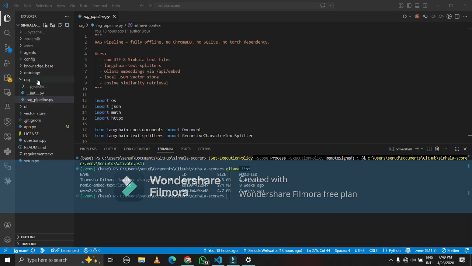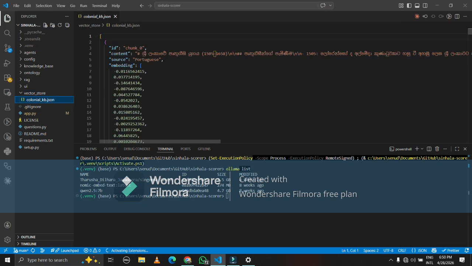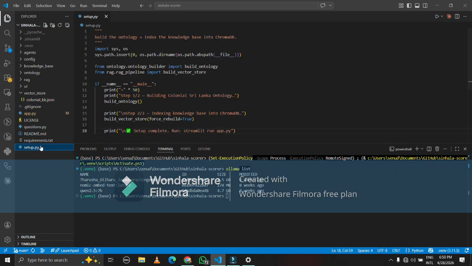Then you can see the vector store. In this one I am using a colonial JSON file, not ChromaDB. In that JSON file you can see that it is stored as chunks, and I ran the setup file first.